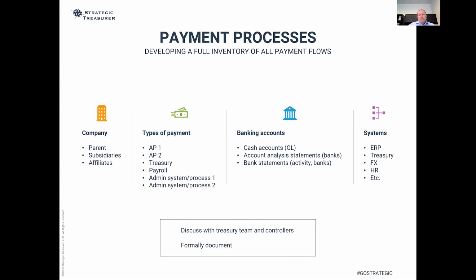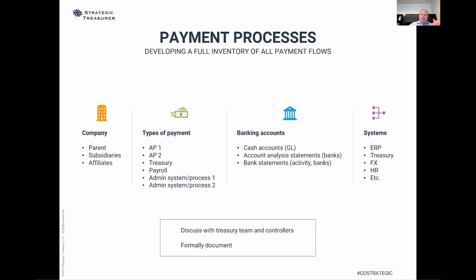I'm not saying this is the case for a tiny company that has one or two payment flows, but for multinationals, companies from 500 million to 50 billion and more in revenue, there's a significant number of those.